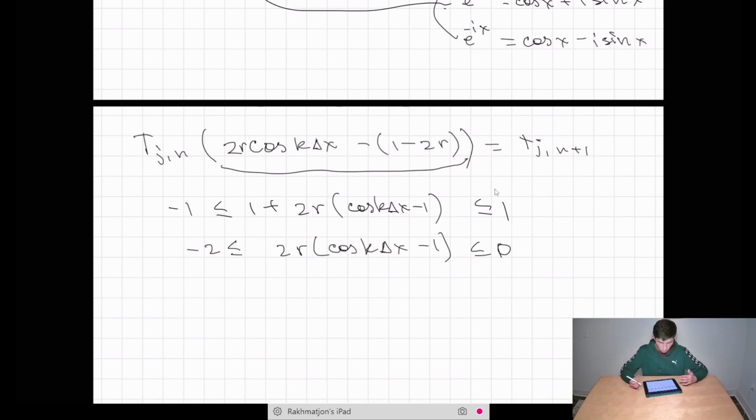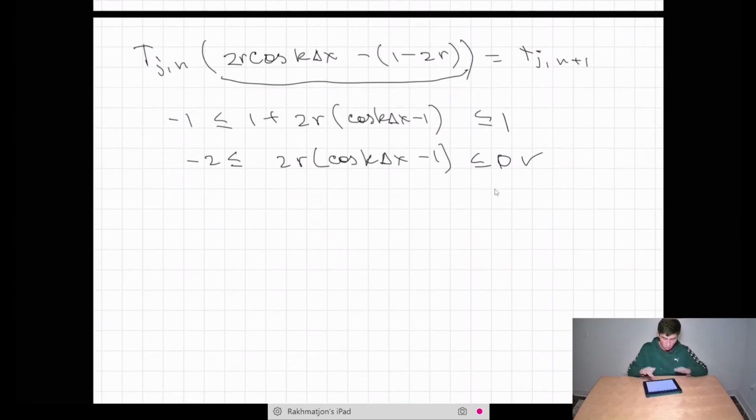Okay, so I have a cosine, right? The cosine lies between negative 1 and 1. So if I subtract 1 from a number which is equal to or less than 1, I'm still going to have either 0 or a negative value. So this is going to be satisfied for all values of r, no matter what we do.